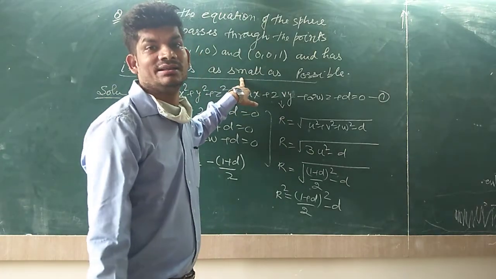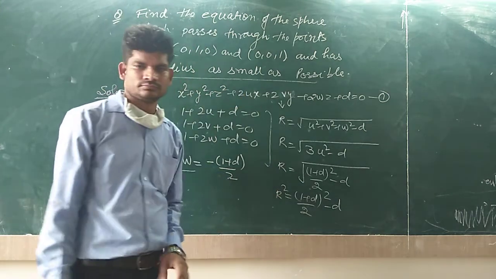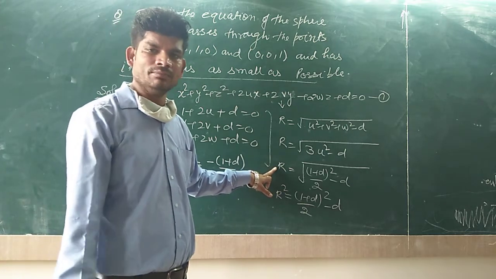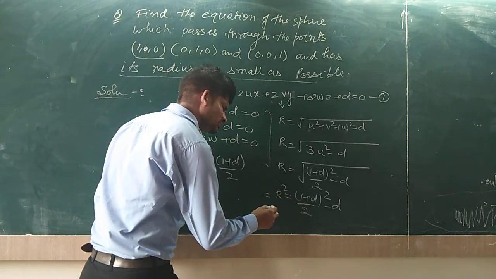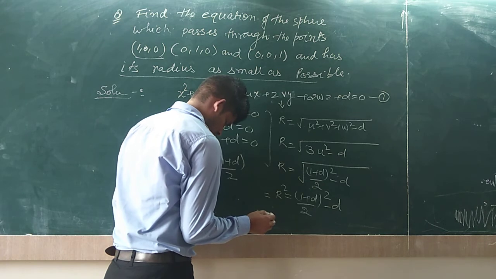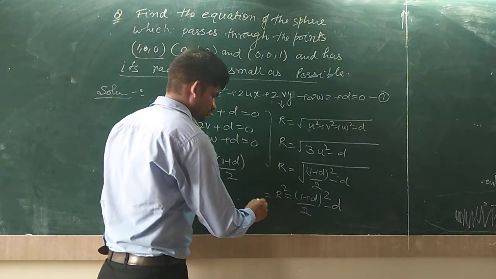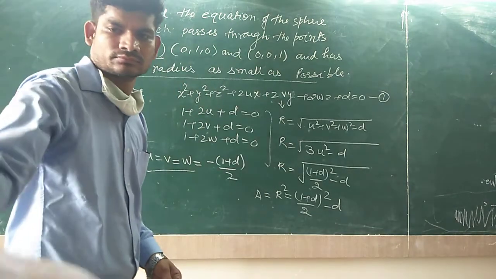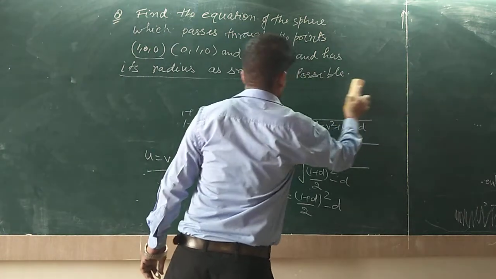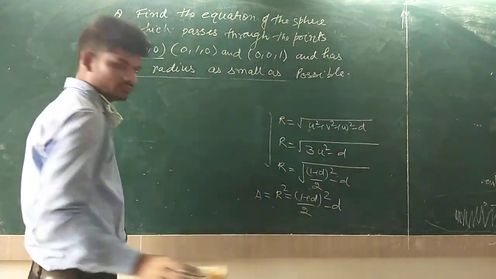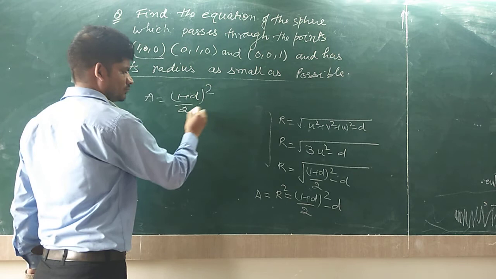Given that the radius is small, let r square equal to A. So A equal to (1 plus d) whole square upon 2 minus d.